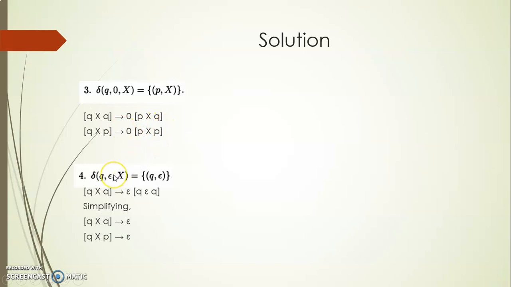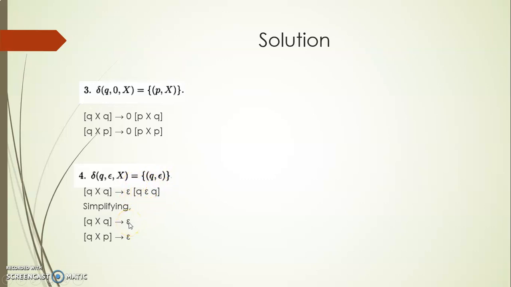If it is epsilon, then I will get Q, X, any of the states Q, then the terminal symbol epsilon, Q, epsilon Q. This is meaningless and it is not necessary to write it like this, so it can be simplified.